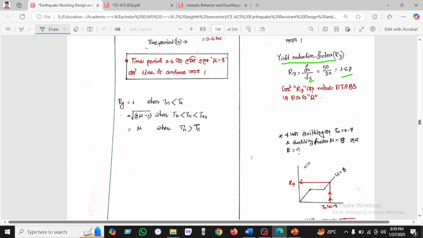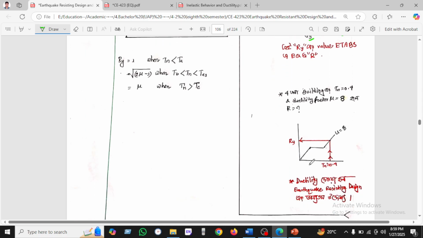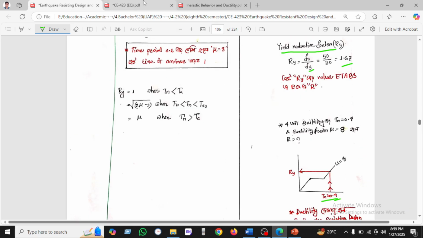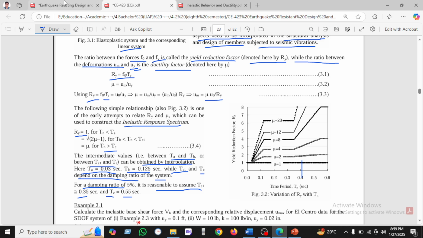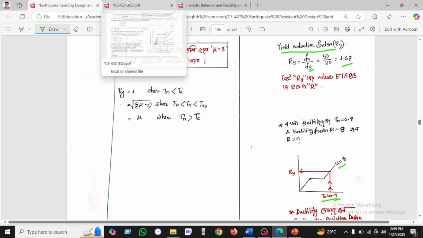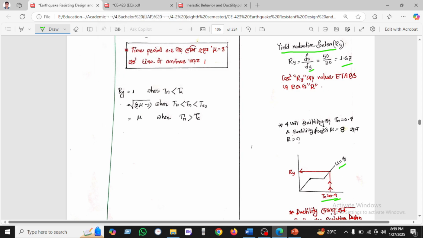Okay. Tn we found to be 0.4, so if we go to this diagram, Tn equal to 0.4, and the graph is for u equal to 8. If we know Tn equal to 0.4 and ductility factor is 8, then what will be Ry?